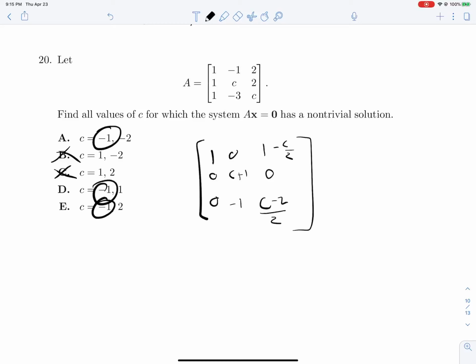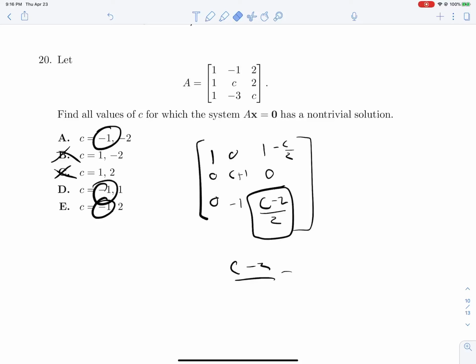I think, okay, I actually think I get it. So what happens if this position is equal to 0? If this position is equal to 0, we just have 2 constants here, so by definition we can use one of them to set the other one equal to 0. So we should be able to take this thing here, C minus 2 over 2 equals 0, and solve it.